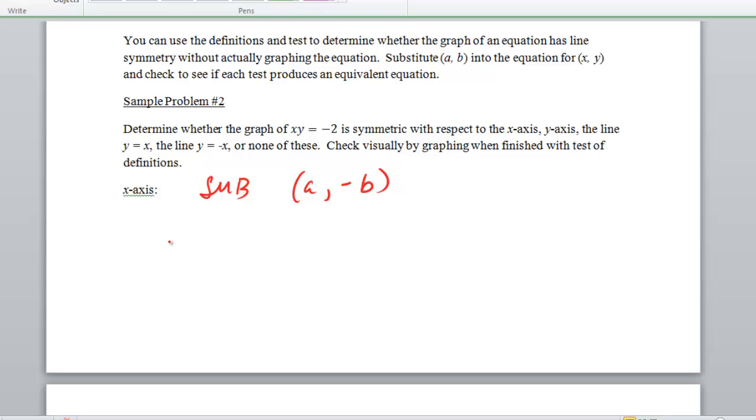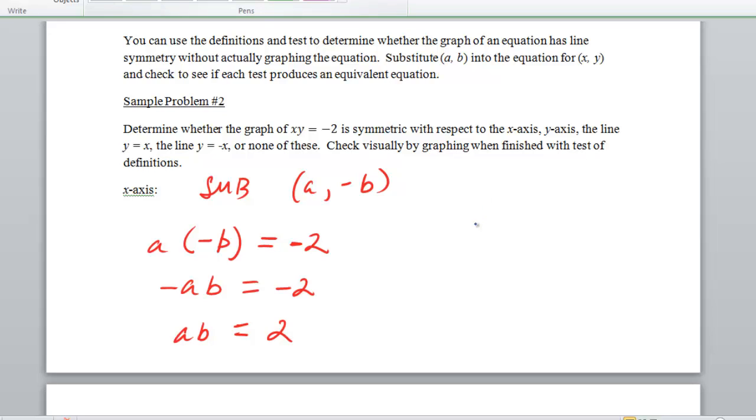And so what we would get here is a times -b in place of x and y equals -2. Then if we multiply this together, we get -ab equals -2, and then ab equals 2, which does not equal ab equals -2.